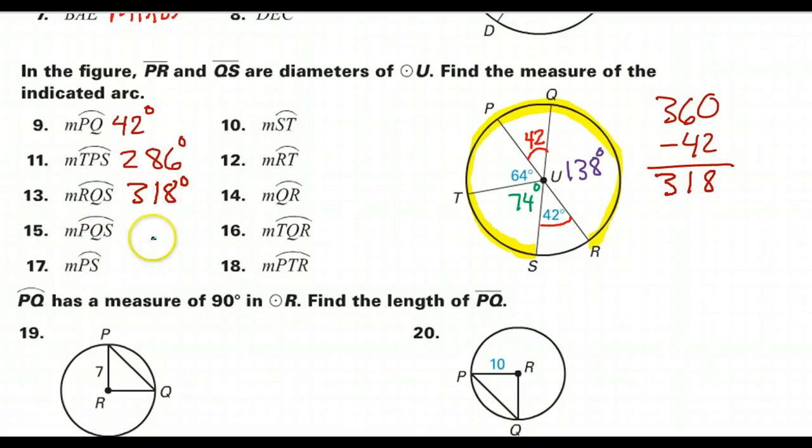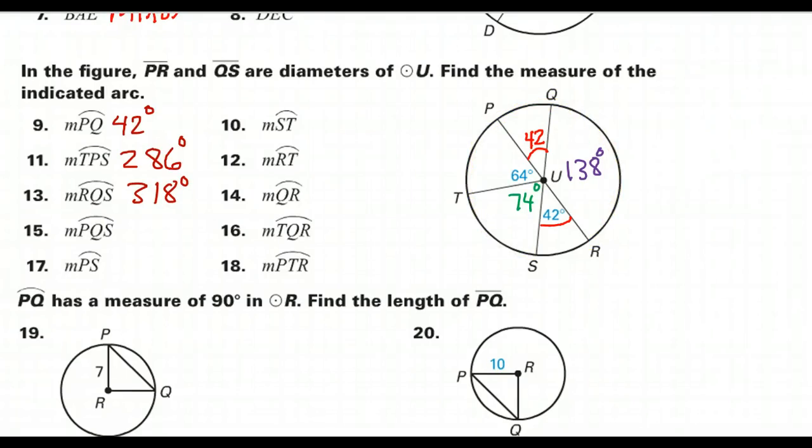How about arc PQS? Okay, let me start that over. PQS, from P to Q and then to S. All right, a lot of these are major arcs. So this time I'm just going to add.